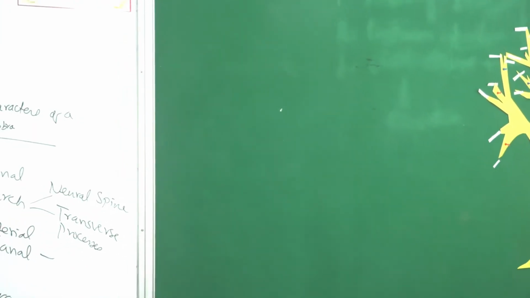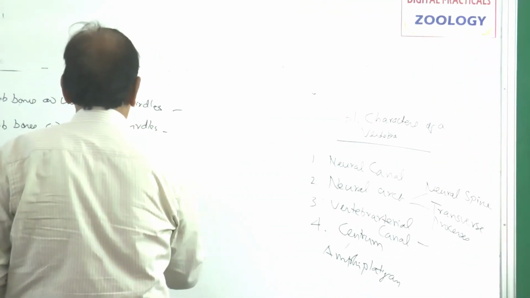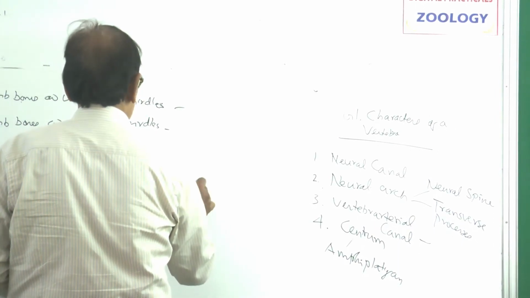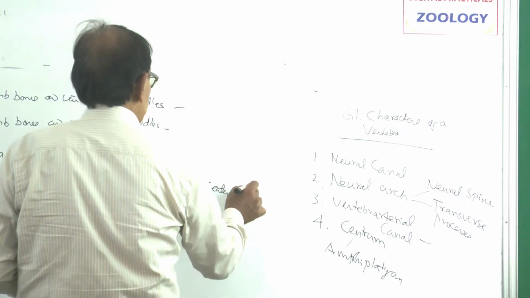So the humerus has a head, then two tuberosities, greater and lesser.